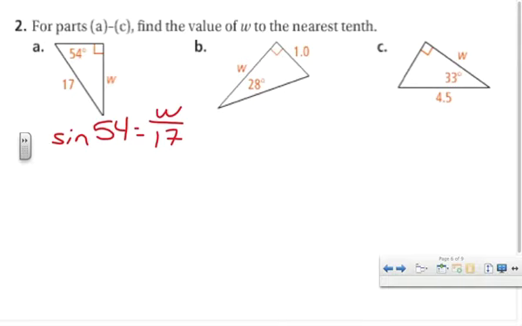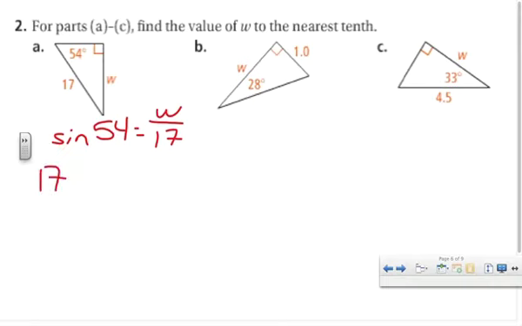What you need to realize, adjacent to what? It's opposite the 54. Do you see that now? So you're not going to switch anything across a diagonal.